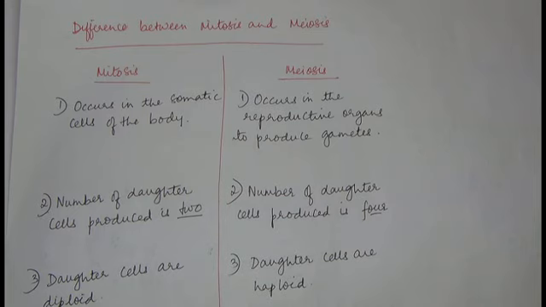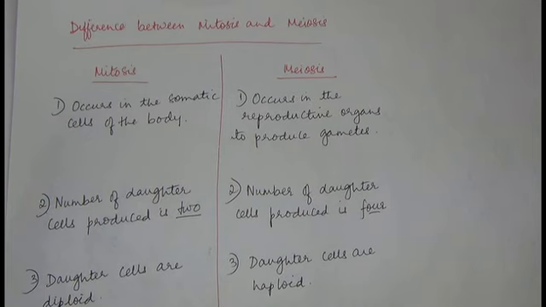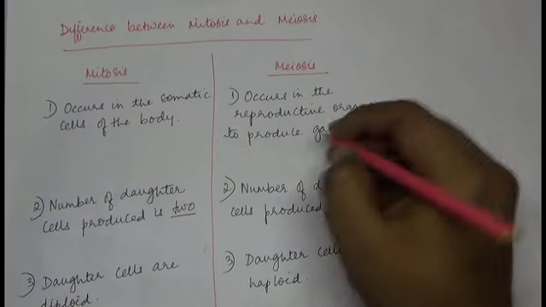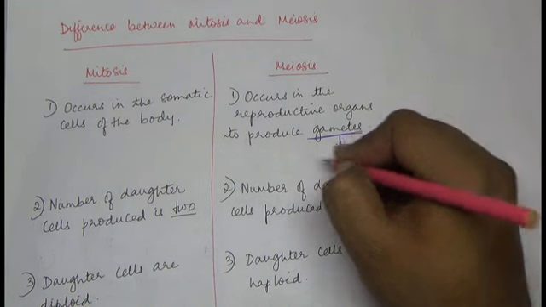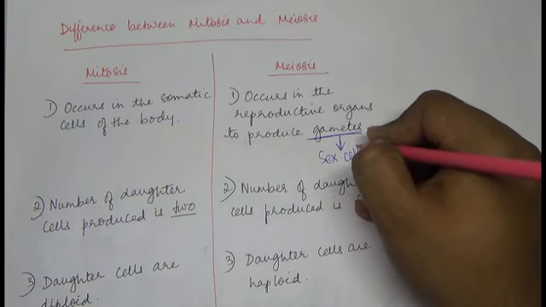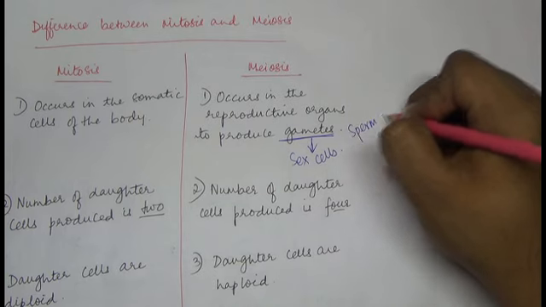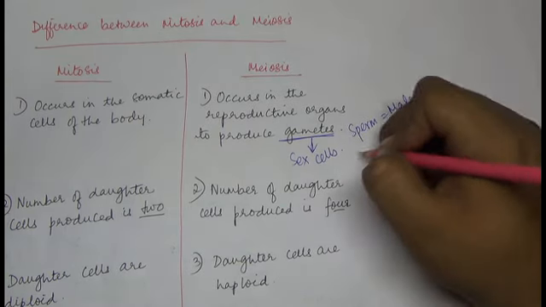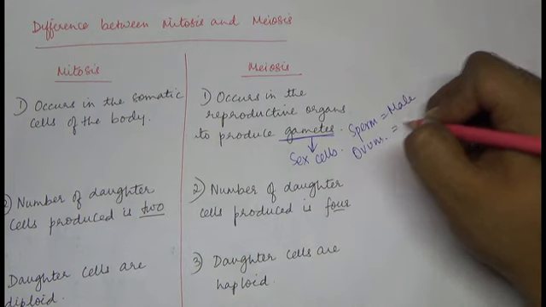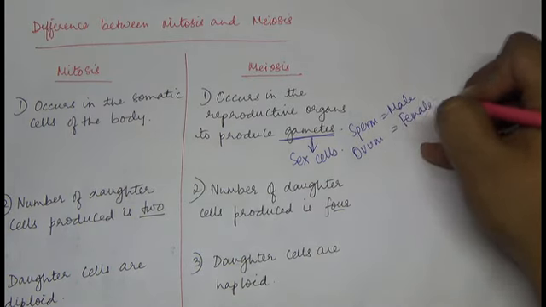But meiosis occurs especially in the reproductive organs. Meiosis occurs in the cells of the reproductive organs to produce gametes. Now you will tell me, what are gametes? Gametes are sex cells, which is sperm in the case of male and ovum in the case of female.